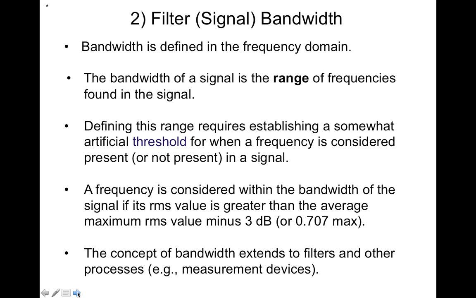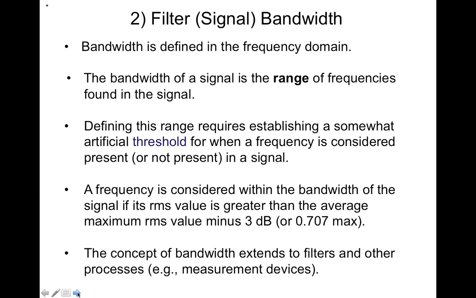That 0.707 number, if you're measuring output voltage over input voltage, and you were to convert that to power, power is proportional to voltage squared. So 0.707 squared turns out to be 0.5. So basically the cutoff or the range of frequencies present within the bandwidth have to have greater than 50% power.